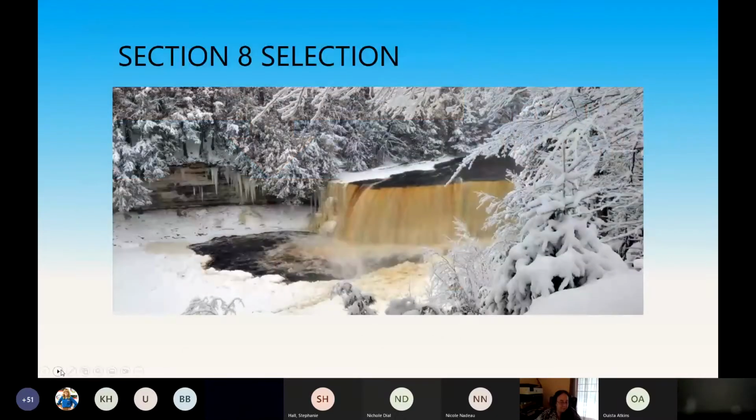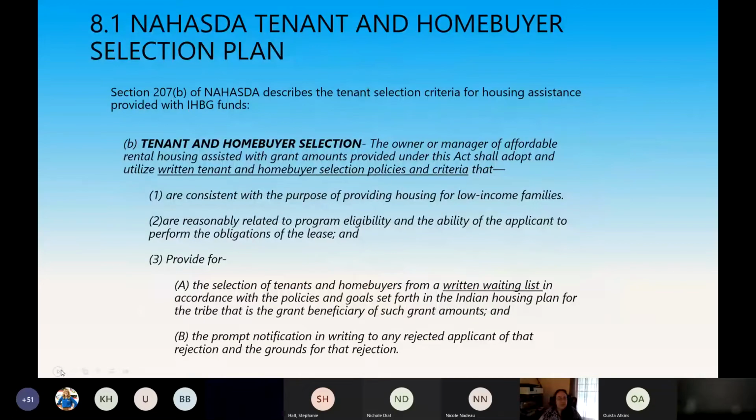So selection. Section 207 in NAHASDA describes tenant selection criteria for housing.